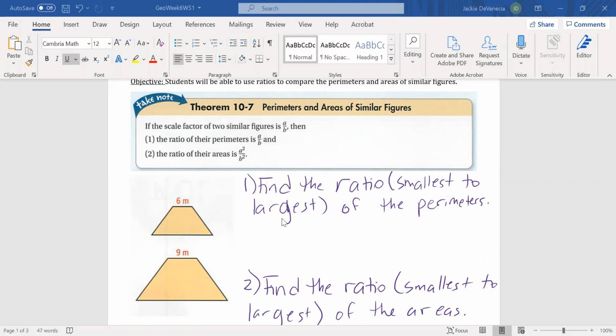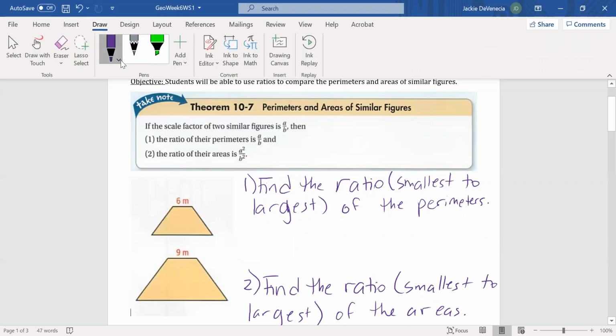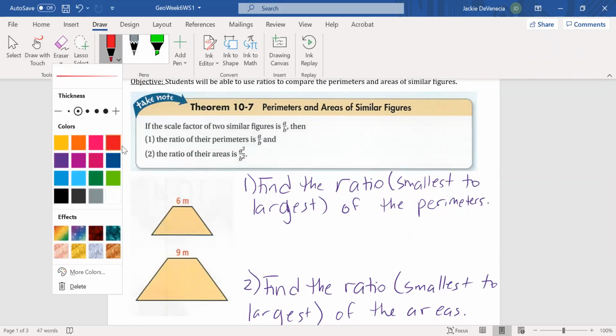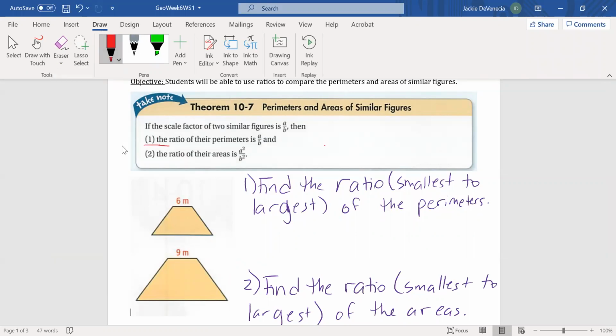So let's look at this first question over here. This is saying we need to find the ratio, smallest to largest, of the perimeters. So if I'm going to find the ratio of the perimeters, I'm going to be using the first point right over here.